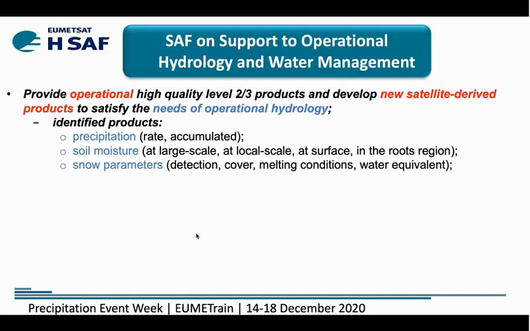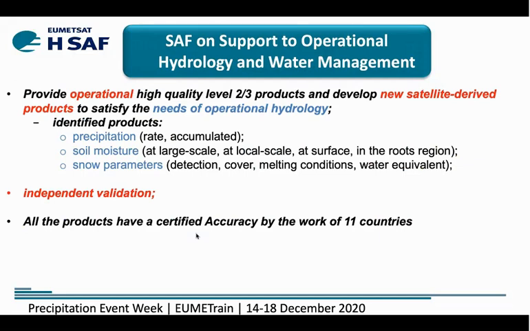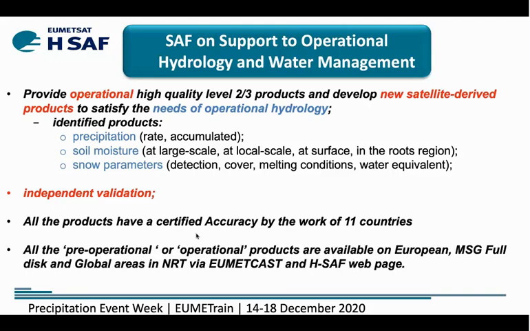The parameters estimated by satellite data are precipitation, rate and cumulated, soil moisture at a large scale, at a local scale, and surface and root region, and snow parameters, so detection of the snow cover and water equivalent. There is an independent validation performed from quality assessment, evaluation, and hydrological impact, and all the products have a certified accuracy by the work of these 11 countries.